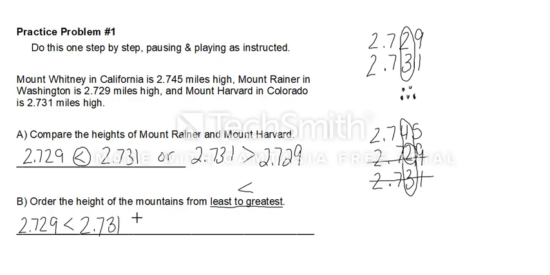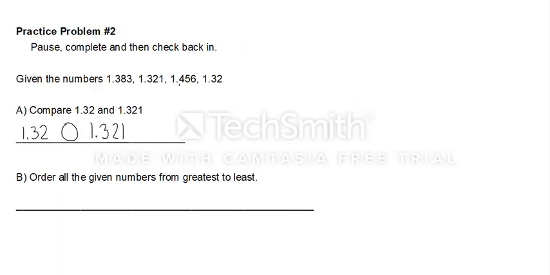And now my last symbol, less than, is less than 2 and 745 thousandths because that is the greatest. So I see it's 2 and 729 thousandths is less than 2 and 731 thousandths, which is less than 2 and 745 thousandths. So now let's try practice problem number 2.